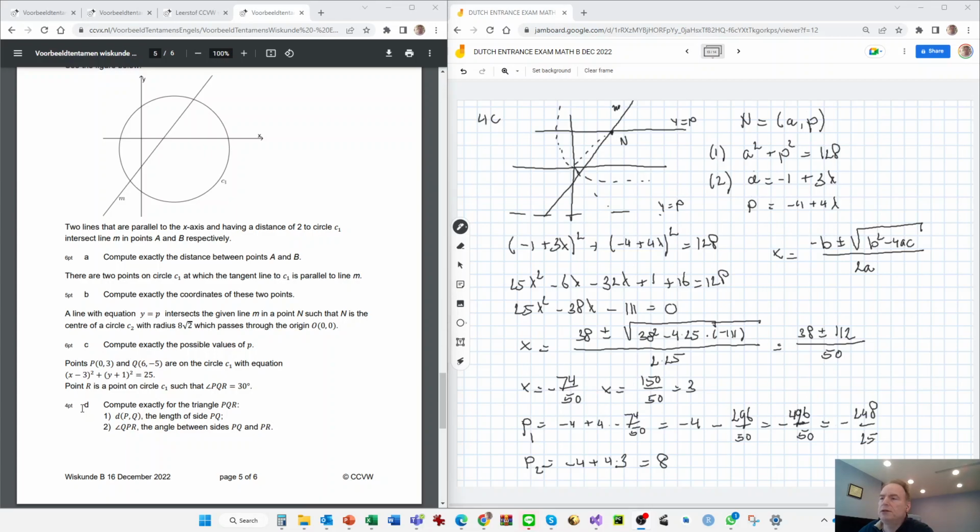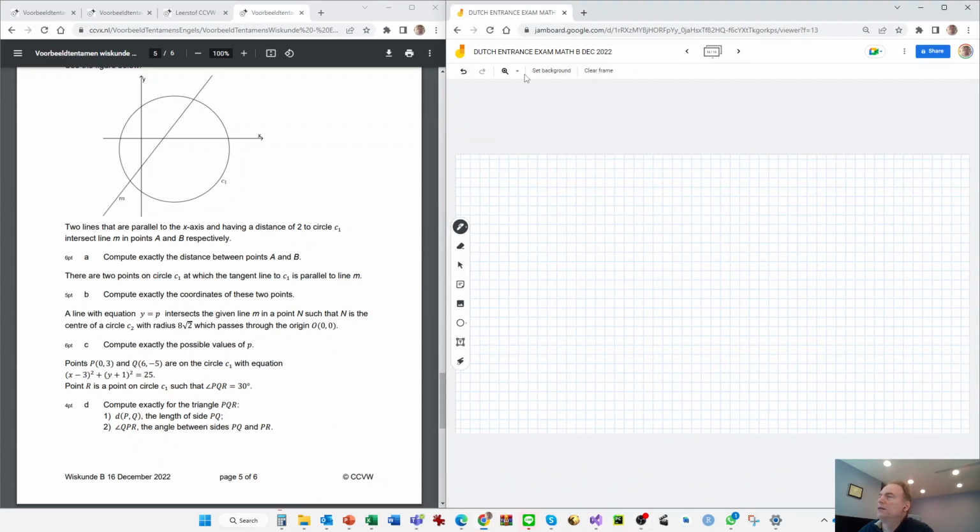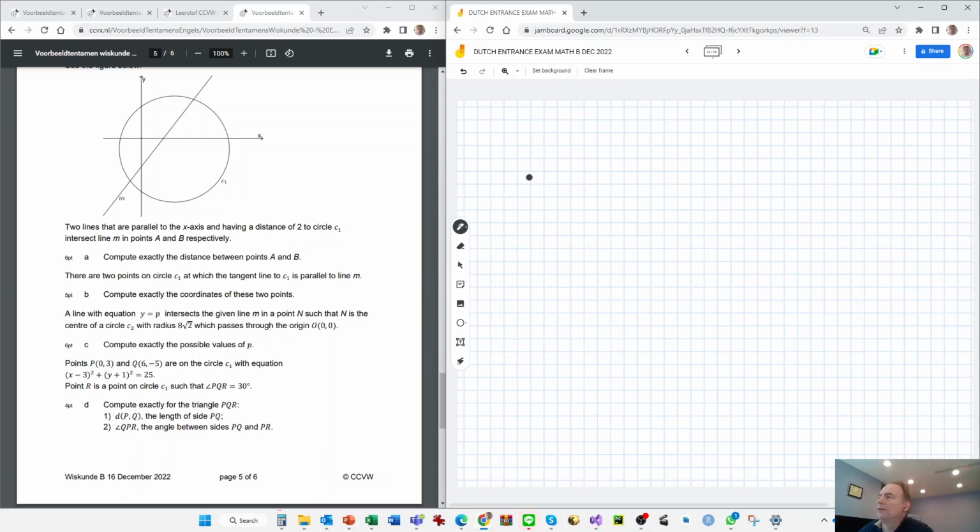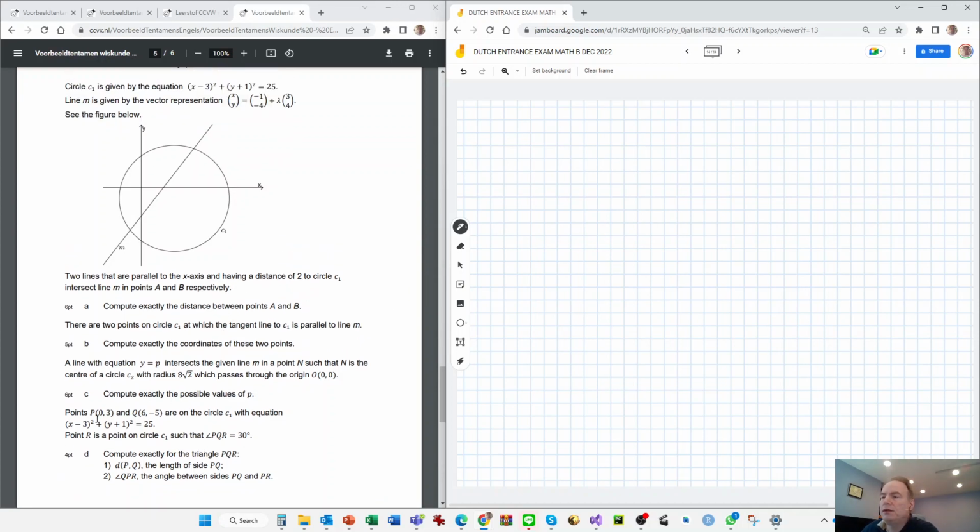final question 4D. We have point P and Q on the circle C1 with equation, yeah, that's of course the same equation. And with another point on the circle such that the angle PQR is 30 degrees.